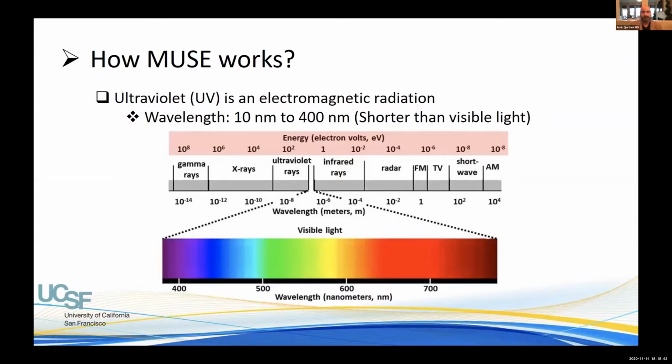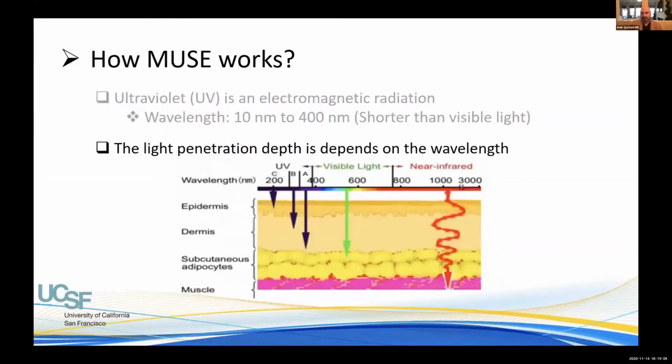After we published the paper, MIT and a couple of other universities built their own Muse microscopes, and it's a very fast and cost-effective method. UV is electromagnetic radiation with a wavelength between 10 and 400 nanometers, a little shorter than visible light. The interesting factor is that, depending on the wavelength, it penetrates the tissue differently.